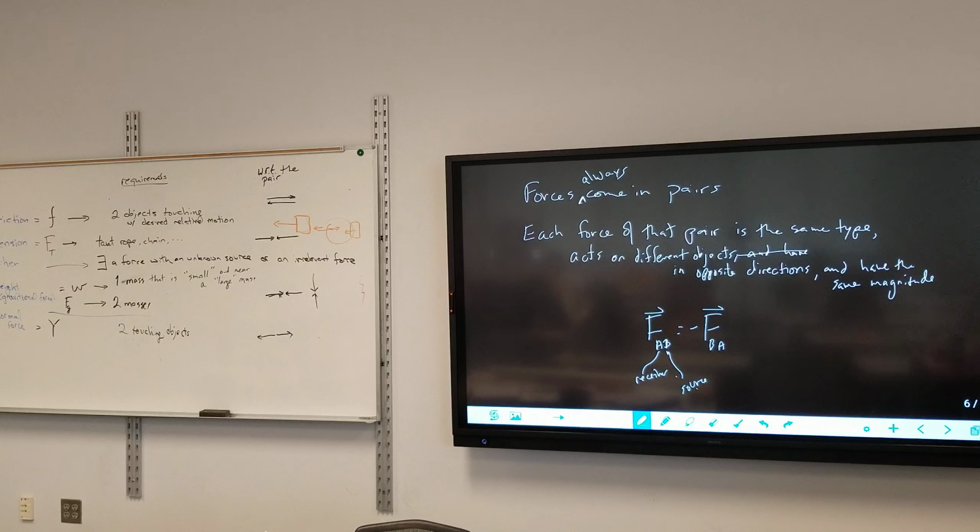So how you draw them with respect to the objects, and that is objects plural because you need two objects to create a force. Friction, these will be parallel, again shorthand notation, parallel to the surfaces of contact.